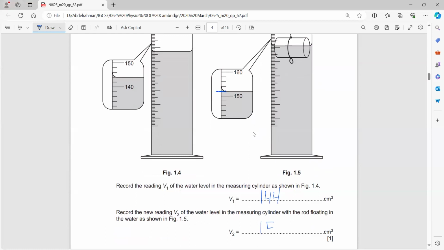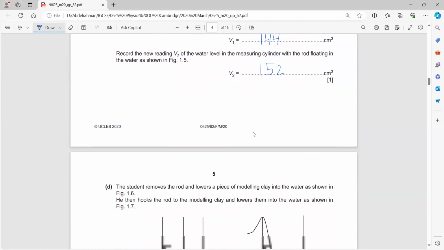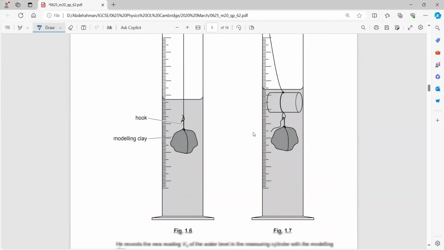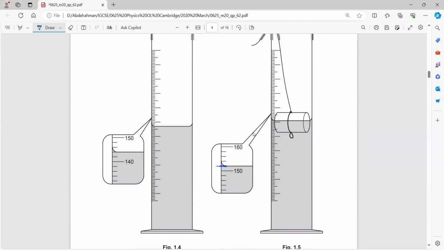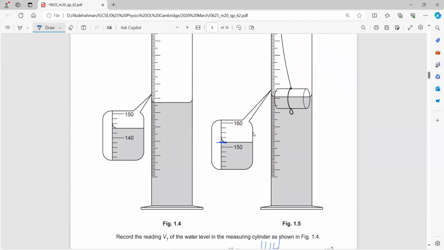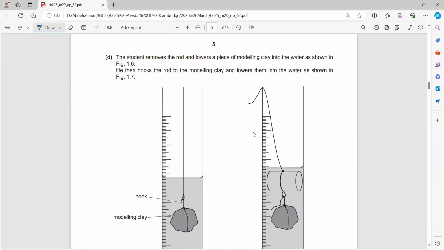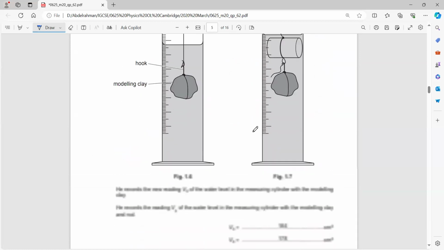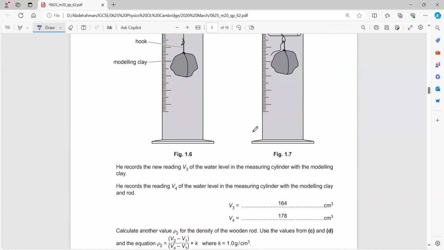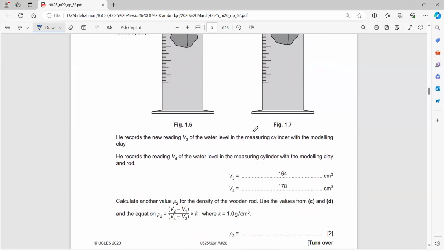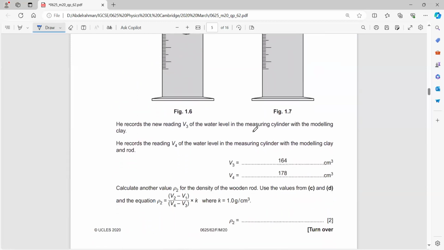Yes. With V1 and V2, I can find the difference in the volume of the rod. The student removes the rod and lowers a piece of modeling clay into the water as shown. V3 was 164 and then V4 was 178.